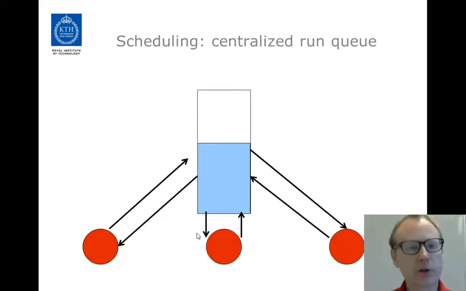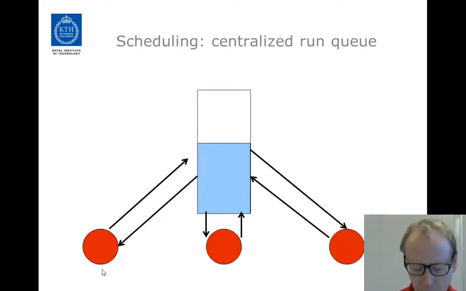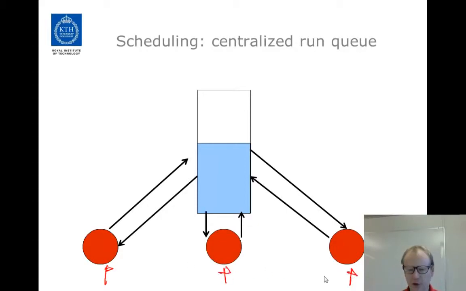In a centralized task queue, the workers, denoted by the red circles here, generate tasks to a centralized shared common queue, and they pull tasks from it when they need work to do. There is a very good benefit of this scheduling method.